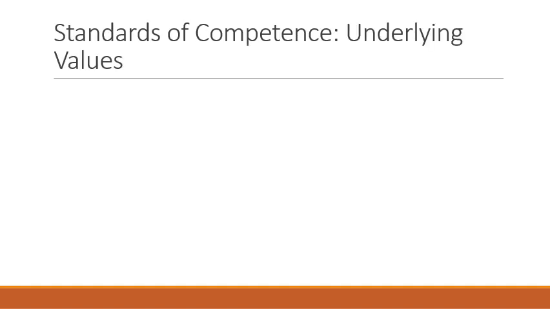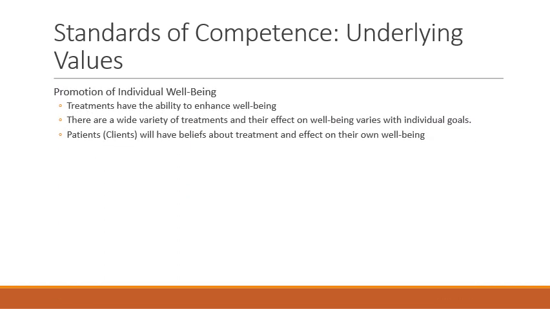Okay, so here's the discussion of the standard underlying values when it comes to thinking about competence, and why we are talking about this issue, and why it becomes such a thorny issue, and that's because underlying this competence discussion are two really important values.